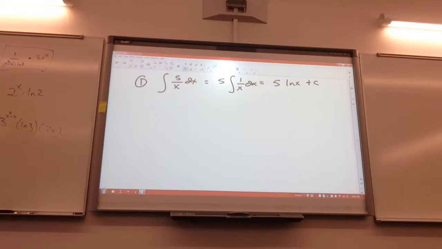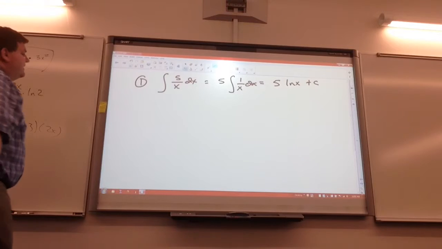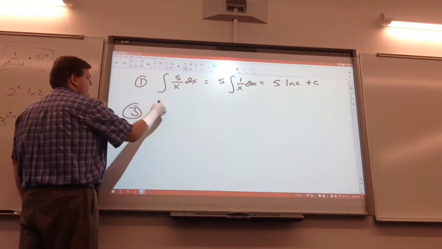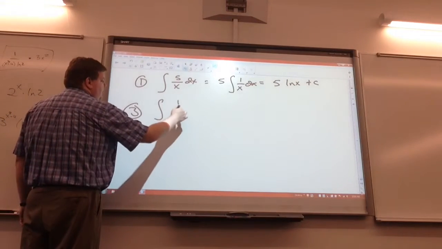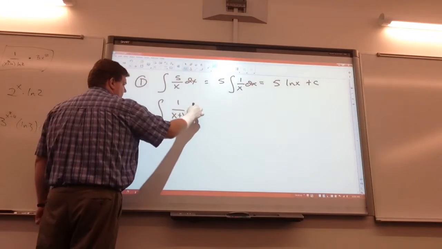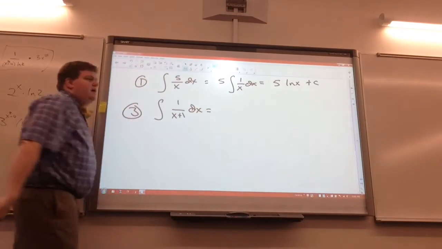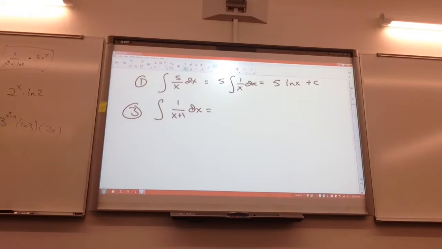That's how it's going to be. It's a single thing. But then things get a little bit more tricky, like number 3, the integral of 1 over x plus 1 dx. Now we know how to do the integral of 1 over x, but how do we do the integral of 1 over x plus 1? Seems like we'd have a problem.